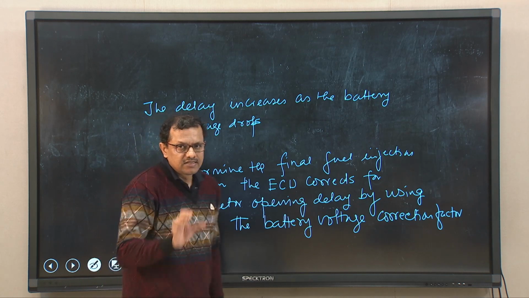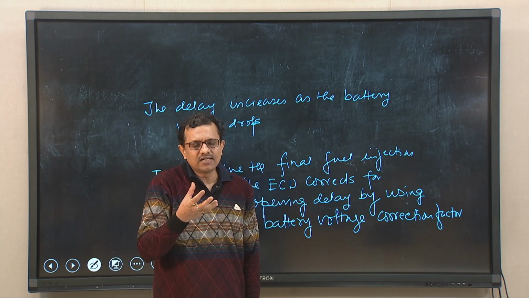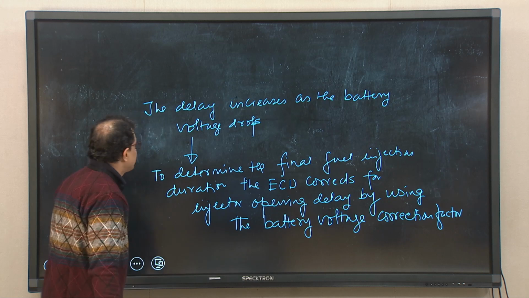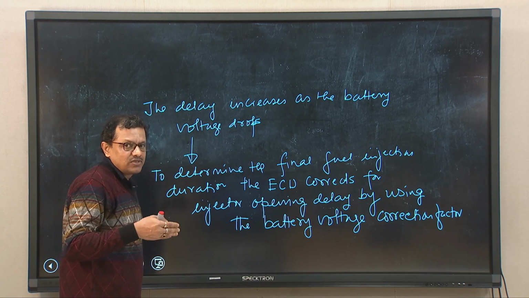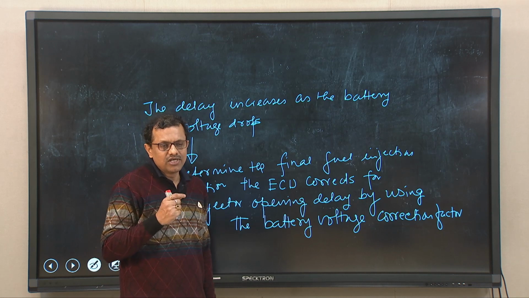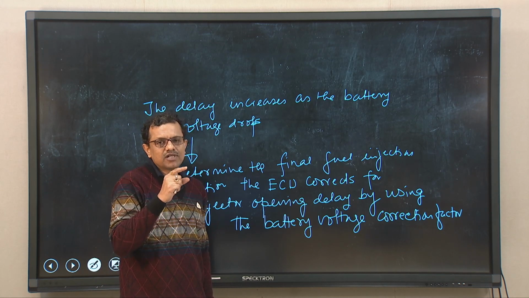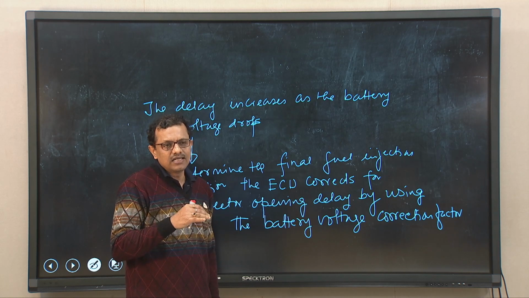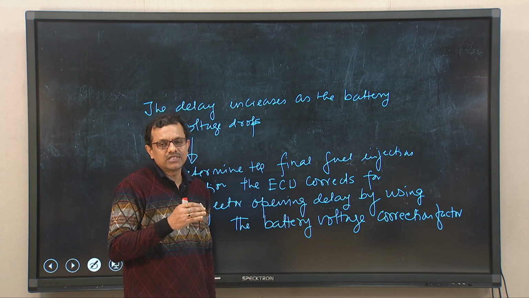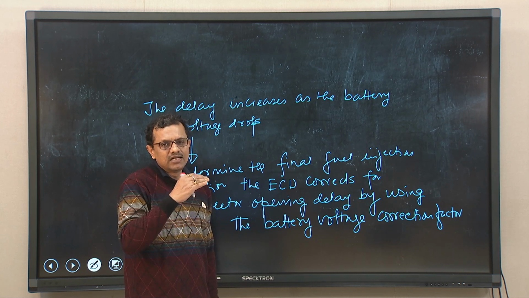So, the operational delay should be again compounded because of the drop in battery voltage, because that is also related to the magnetic field strength that I told you. The magnetic plunger is responsible for the movement of the needle. Now, if the current passing through the magnetic coil is reduced, the magnetic field will reduce, which in turn will alter the needle movement.